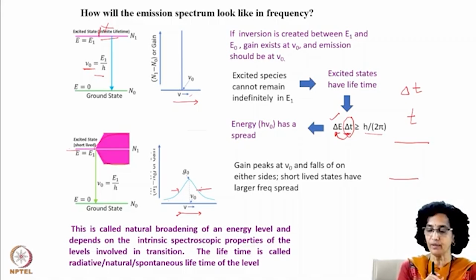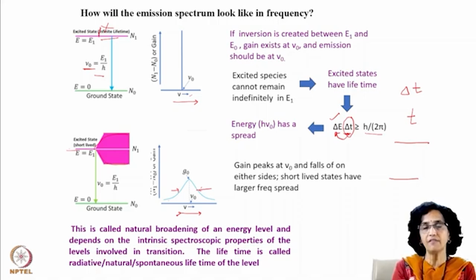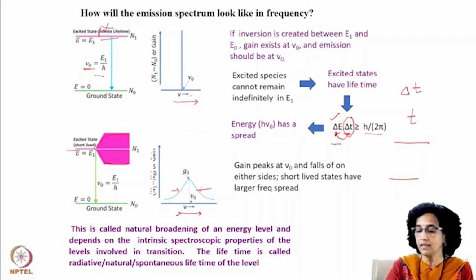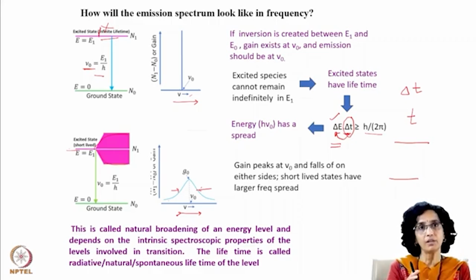Now, if you have a short-lived excited upper level, that means delta T is very small. So how would the energy spread be? Delta E will be very large. I would like to know from you what would be the broadening of the ground state.